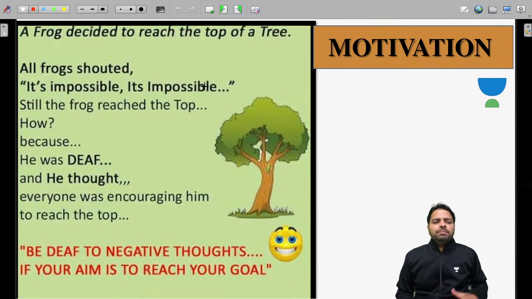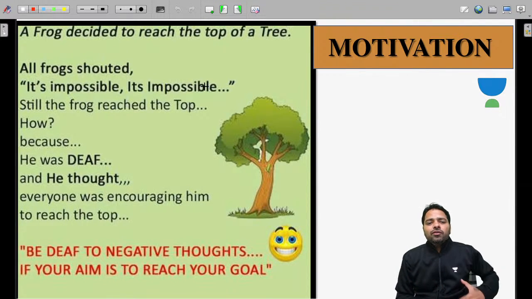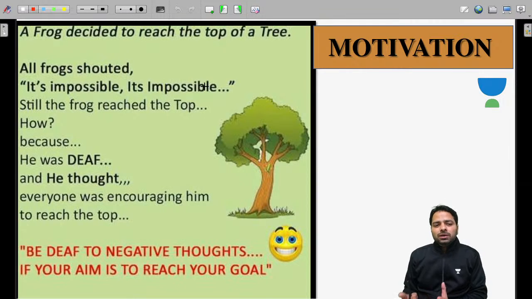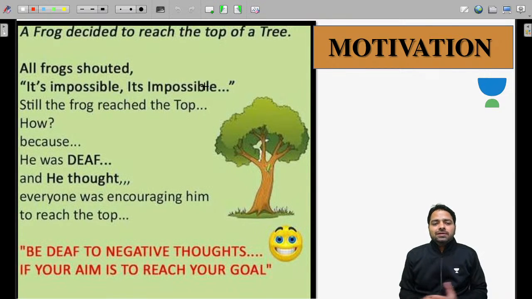Right. So before starting this session, let me help you get motivated, if you want to work towards success or towards being result oriented. Look at the story of a frog that decided to reach the top of a tree, but it's impossible for many frogs. So all the frogs shouted that it is impossible to reach the top. But that frog did not listen to anyone because it is deaf.